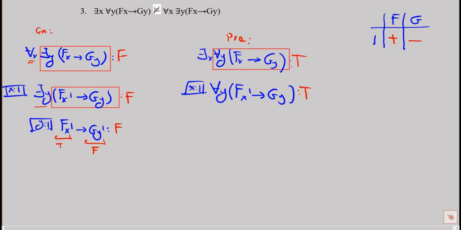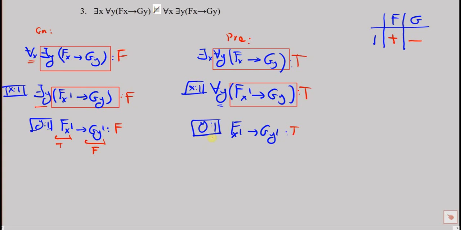Now this new thing here itself is a universal. So in order to make it true, we need to make sure that the thing in the box here is true for every value of y, right? So y1, so we treat y as referring to 1, we get fx1 arrow gy1, and we want to make this true.